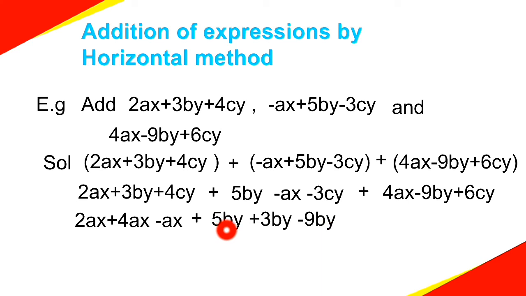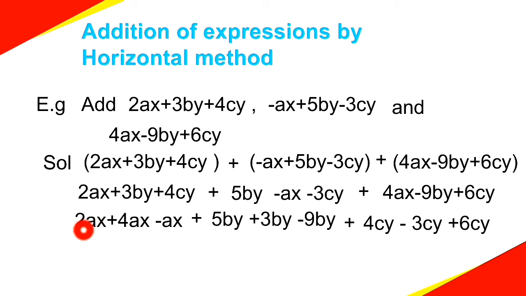Here three terms contain the same variables but the constant terms differ and their signs also differ. Okay, now we are going to do the next one. Plus 4cy minus 3cy plus 6cy. Now in these three terms the same variables but the constant terms differ and the signs also differ.